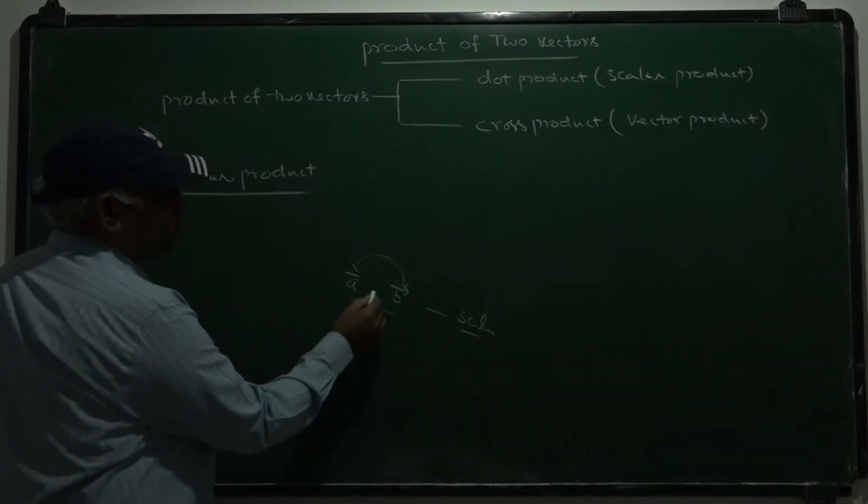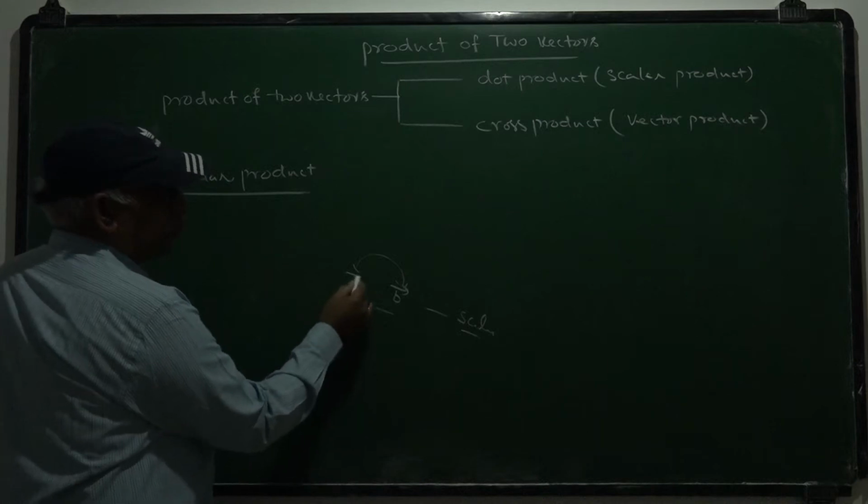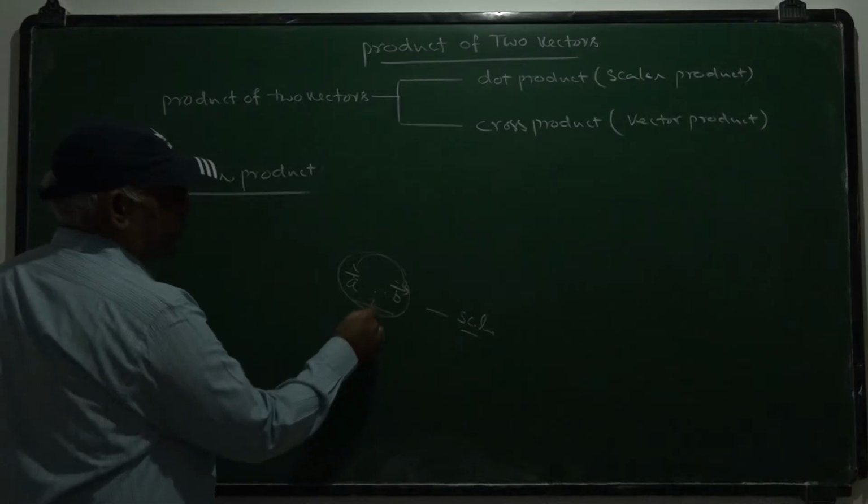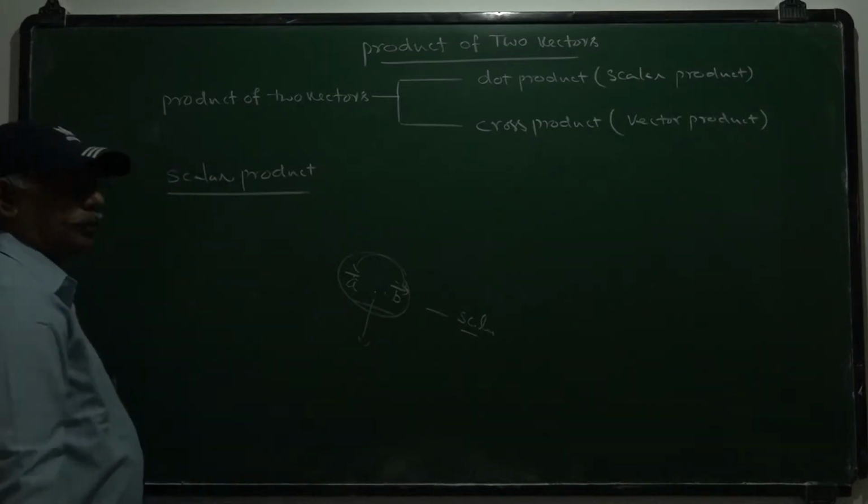It is denoted by dot. A bar dot b bar gives us a scalar. So such a product is called scalar product.